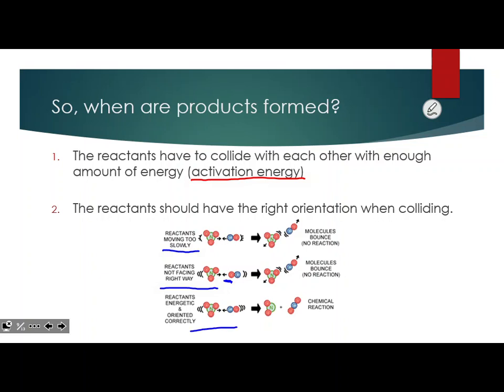But if you look at the last one here, it has enough energy, it's moving fast enough, and the carbon is facing inward to collide so that the carbon can come in contact with the oxygen there and form the carbon dioxide over here, and then it creates NO2 as your other product. So you have to have enough energy, you have to hit in the right direction, and then bonds will break and bonds will form. So the bond that had to break here was between the NO right here. The bond that had to form was between the carbon and the oxygen there.